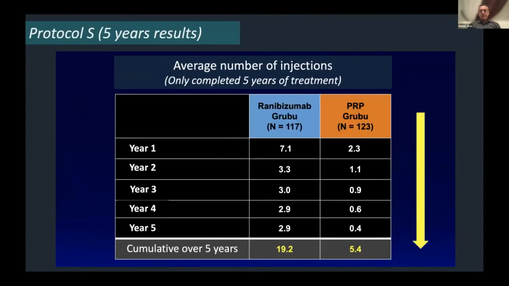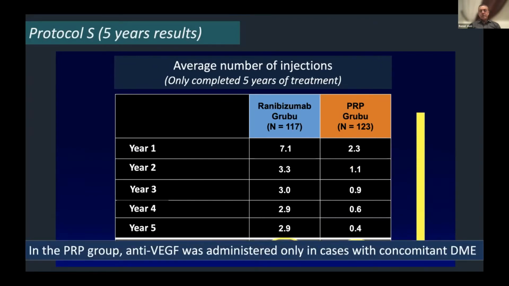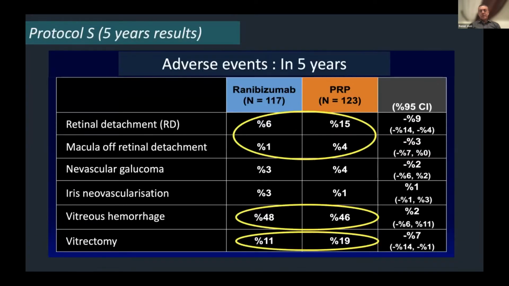The number of injections in the ranibizumab group was 19, while it was 5.4 injections in the PRP group. In the PRP group, anti-VEGF was administered only in cases with concomitant diabetic macular edema. And what about the adverse events in 5 years? There was no significant difference between the two groups, even in terms of vitreous hemorrhage and vitrectomy.